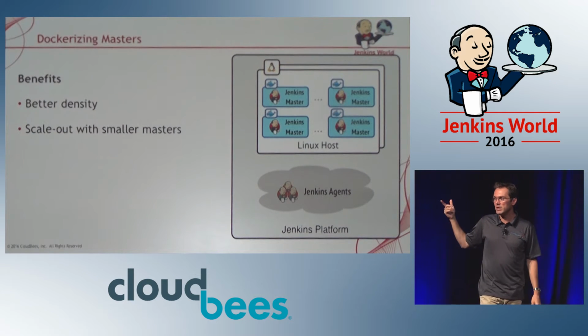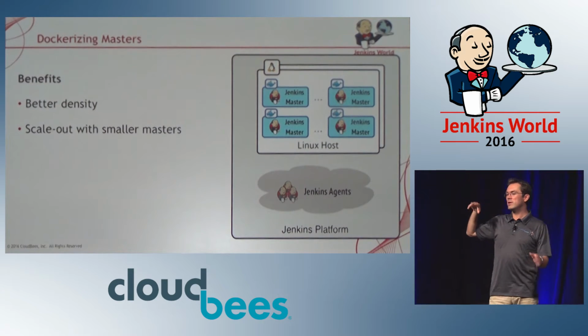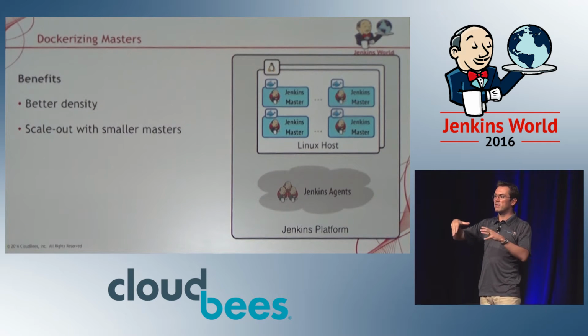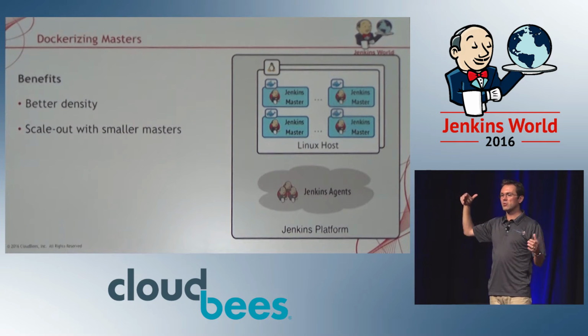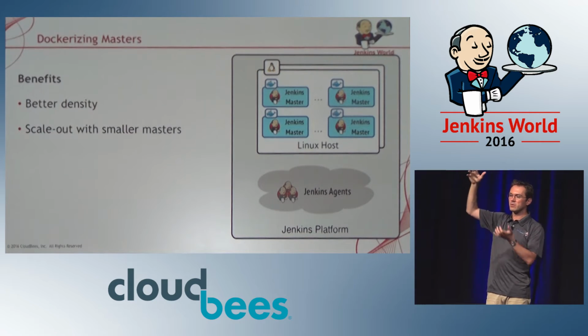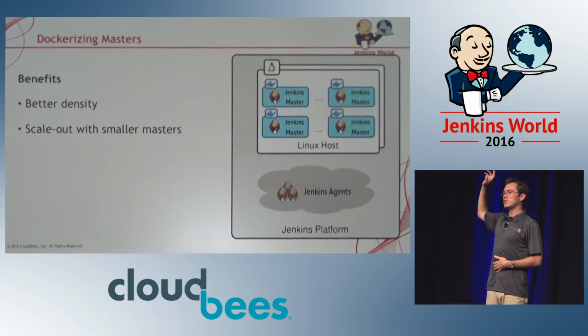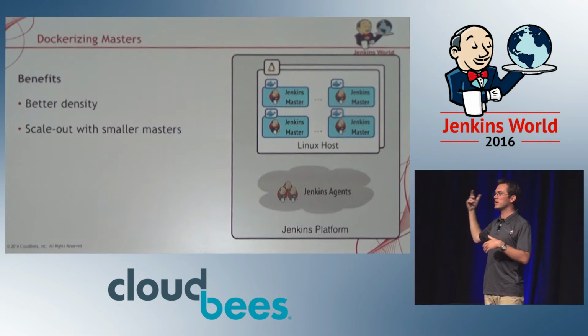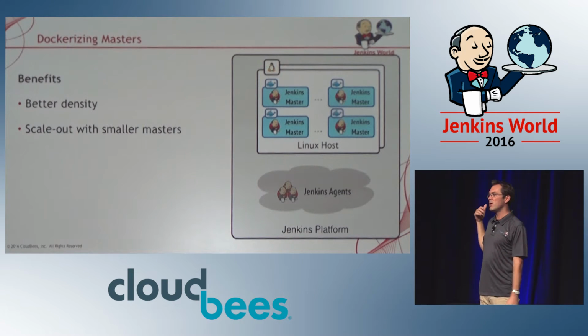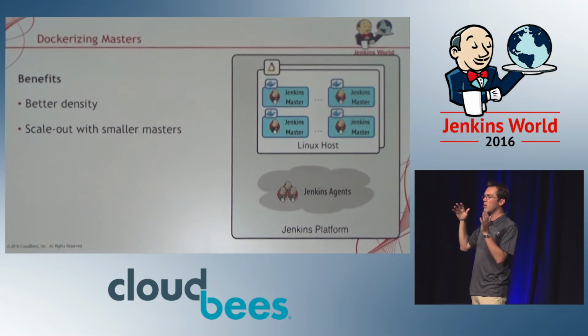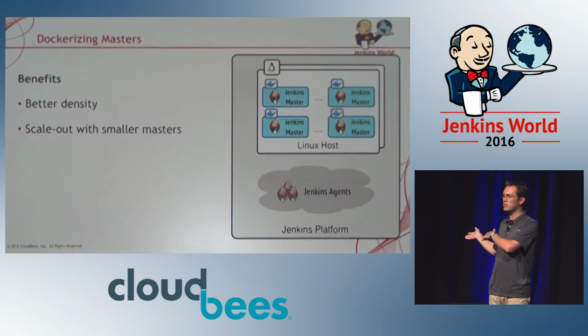And then another benefit. Who in this room is managing what we could call very big masters with tons and tons of jobs and users, because it's hard to scale out? Okay, and who is facing problems like garbage collector or slowness, responsiveness, or teams who want different versions of plugins, teams who want to upgrade often, teams who don't want to upgrade often?